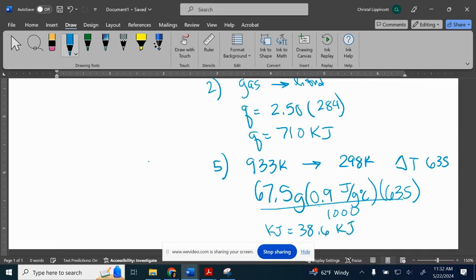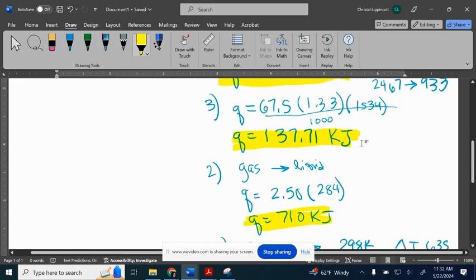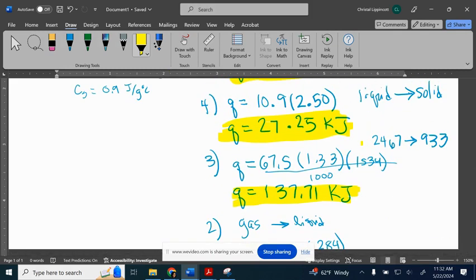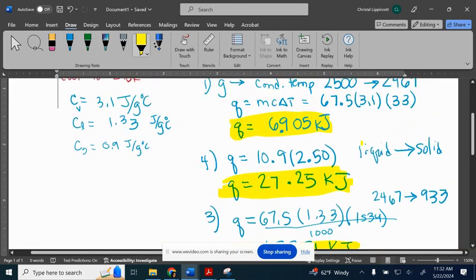All right, the last step then is to add all of these values up together. So we're going to add this guy and this guy together. 710 plus this guy, which is 137.7 plus 27.25 plus 6.905.